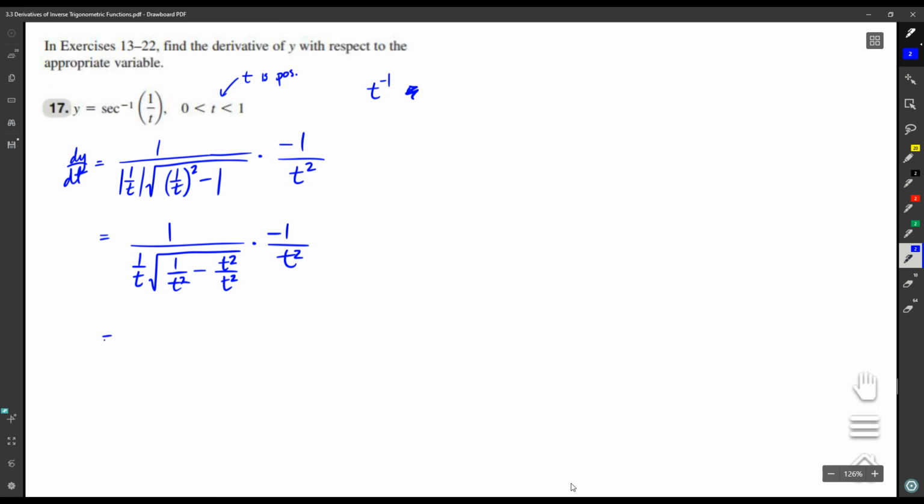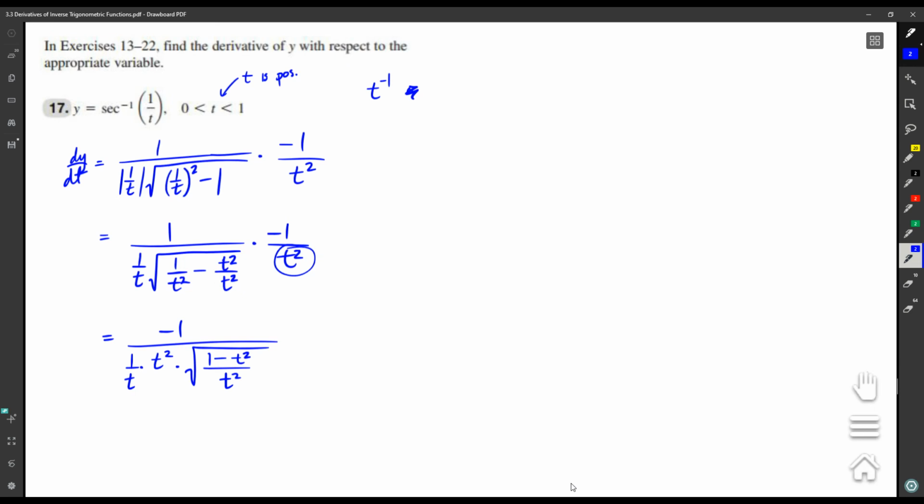So let's continue the simplification process. 1 times a negative 1 in the numerator is just a negative 1. In the denominator, I have this 1 over t. I also have a t squared, so I'm going to multiply by that here. And then I have a square root of, once we have this common denominator, 1 minus t squared over t squared.